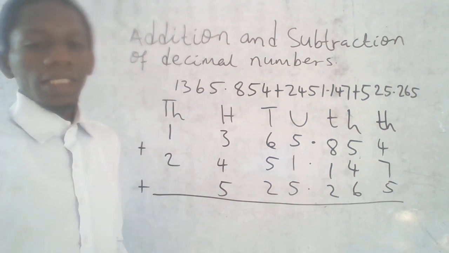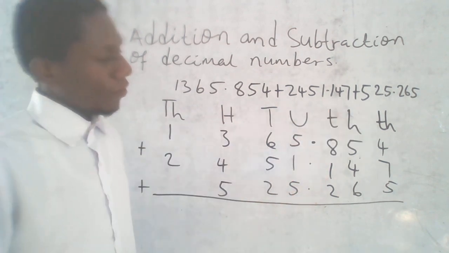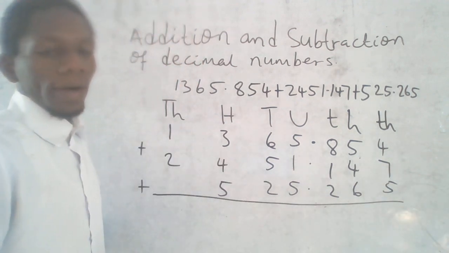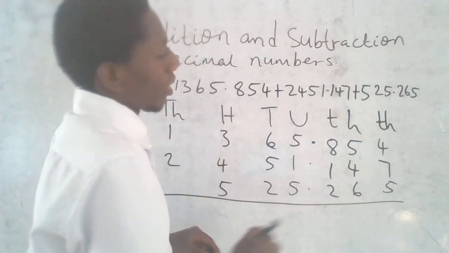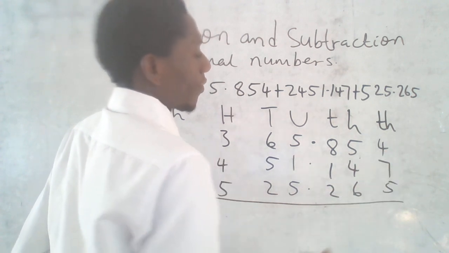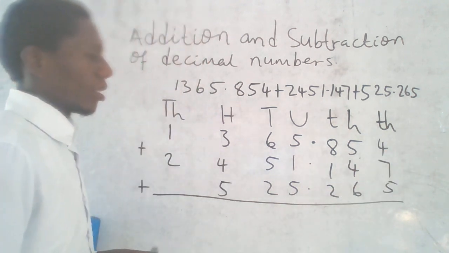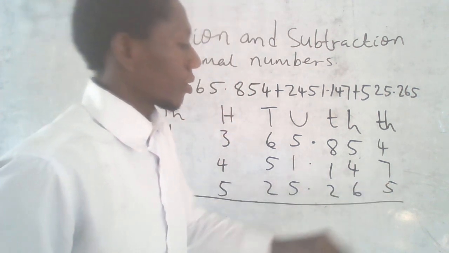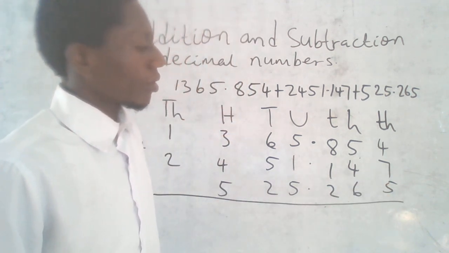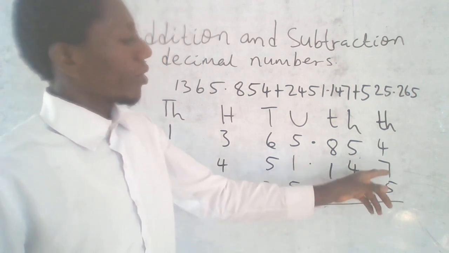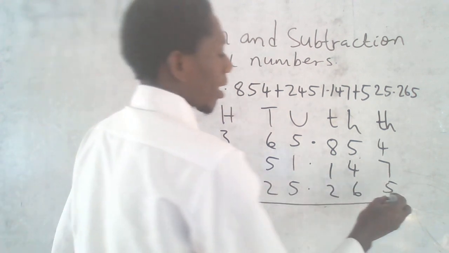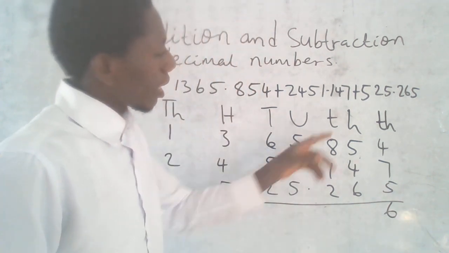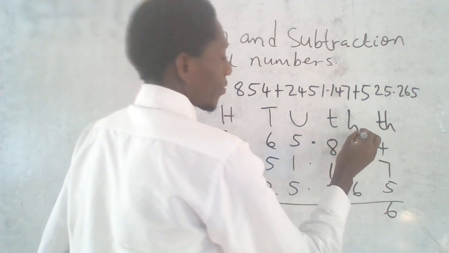Okay, so we can start adding them from the right hand side. So let's say 4 plus 5 is 11, and 11 plus 5 is 16, so I'm going to write 6, and I will carry 1, add it on top of this 5.